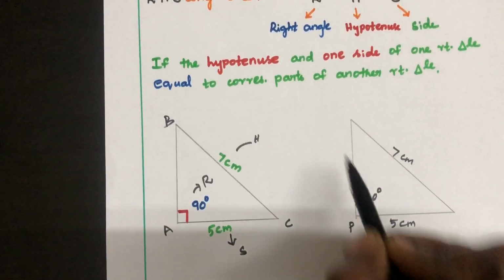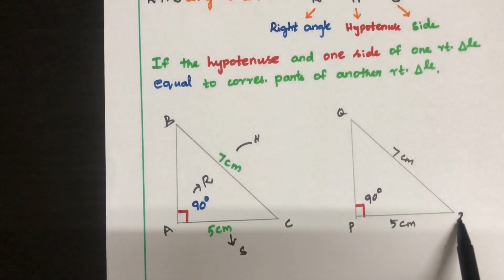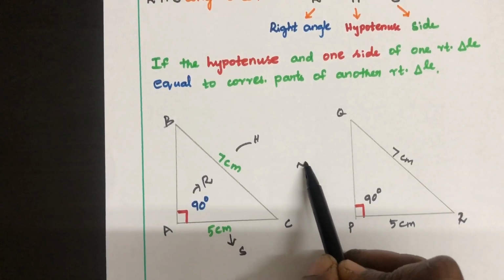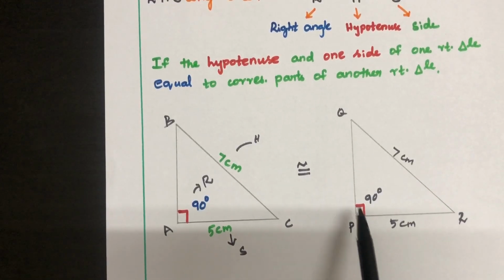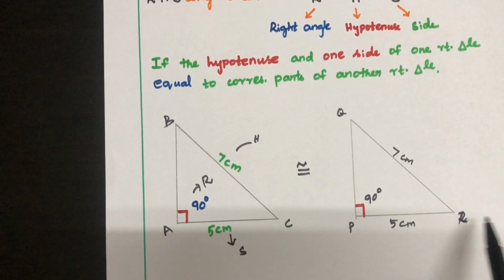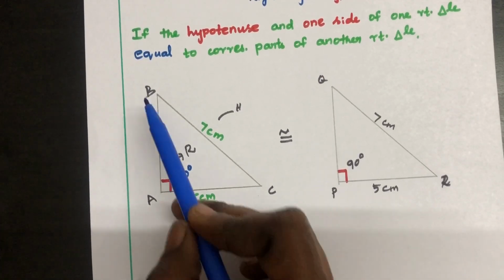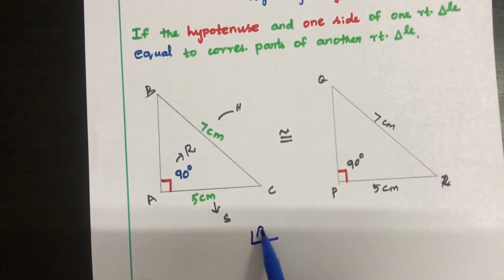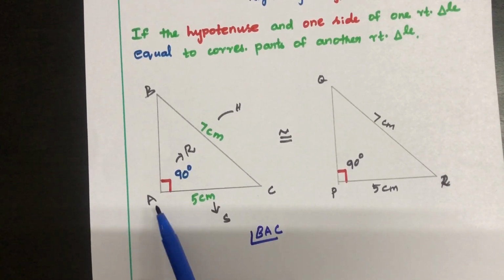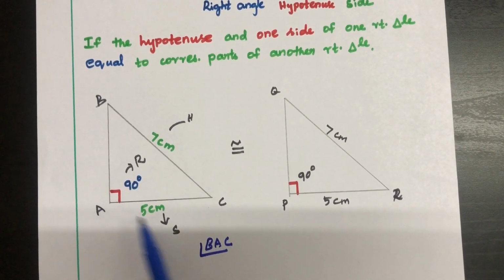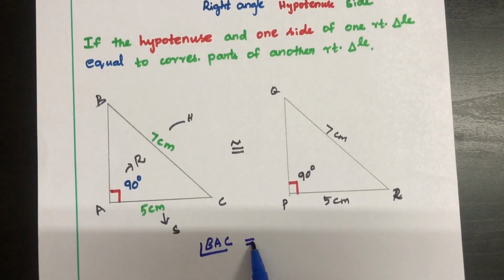For example, this is ABC and this is PQR. This right triangle ABC is congruent to right triangle PQR. First the right angle BAC, because the angle is formed at A, so BAC with this vertex in the middle, corresponds to angle QPR.